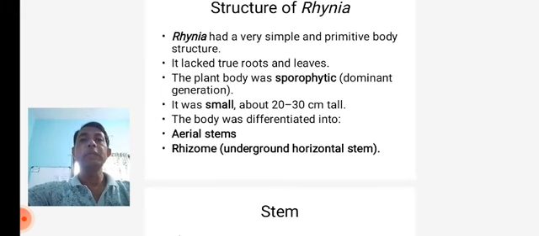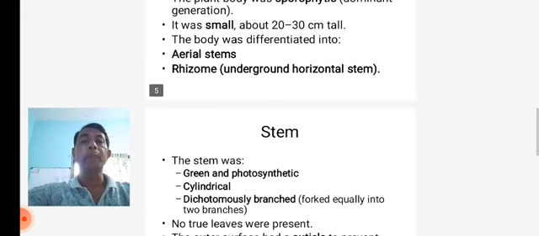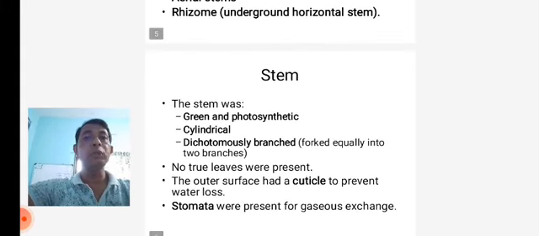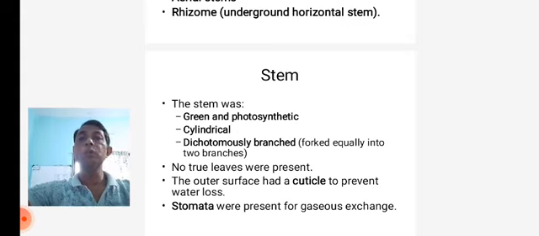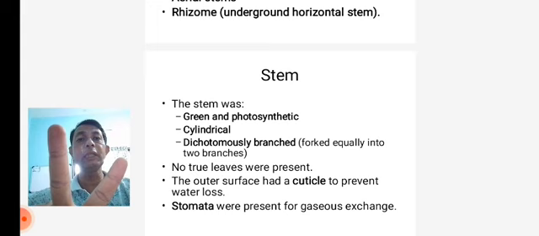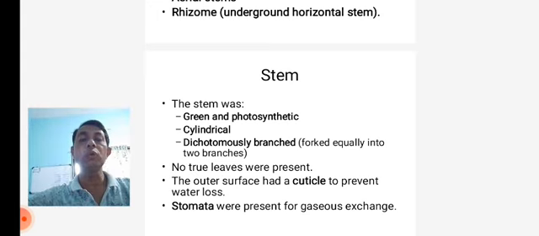Now moving to the next, that is the aerial stem. The stem was green and photosynthetic in nature. It is cylindrical in shape and dichotomously branched, forming a fork equally into two branches. The length of the two forks is the same or equal. Each node produces a fork, and then it multiplies and develops into new structure.